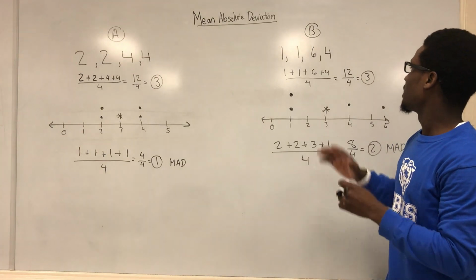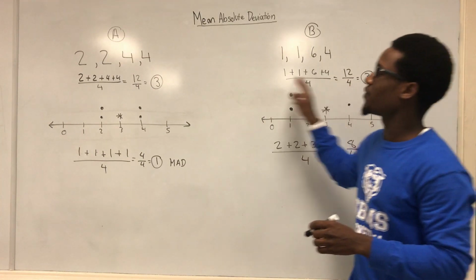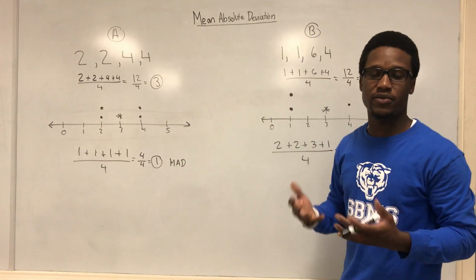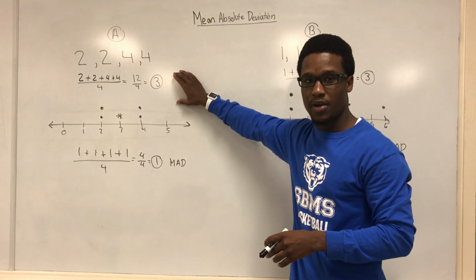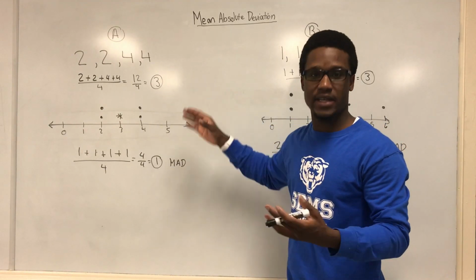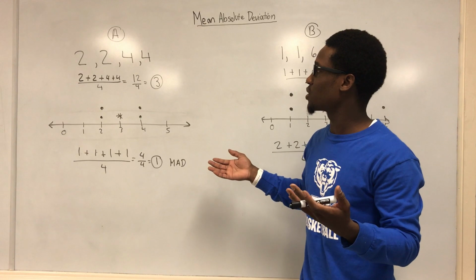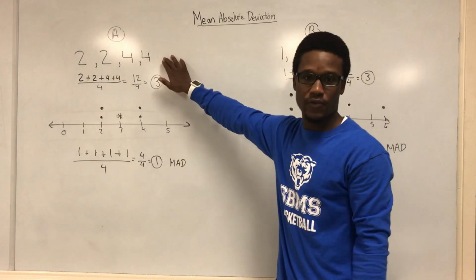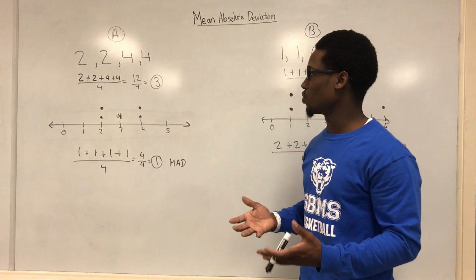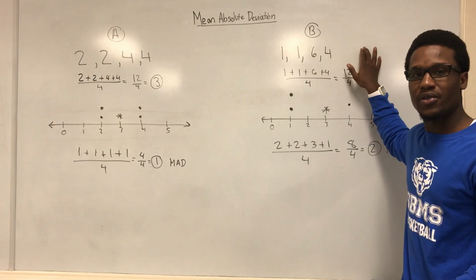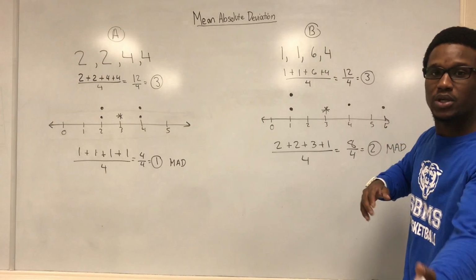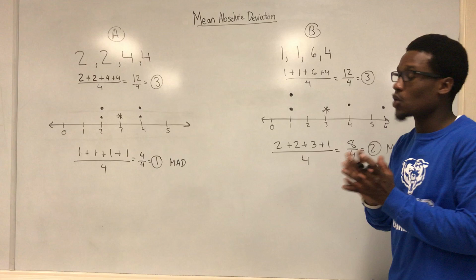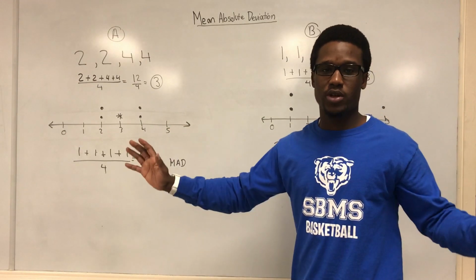Okay? So it turns out that we'll have the same amount of hours each and every week, but with this job, your hours are a little bit more predictable. You'll know you'll have in between 2 to 4 hours every single week. Over here, on the other hand, you can have 1 hour 1 week, you can have 6 hours 1 week. So the data is spread out really, really wide.